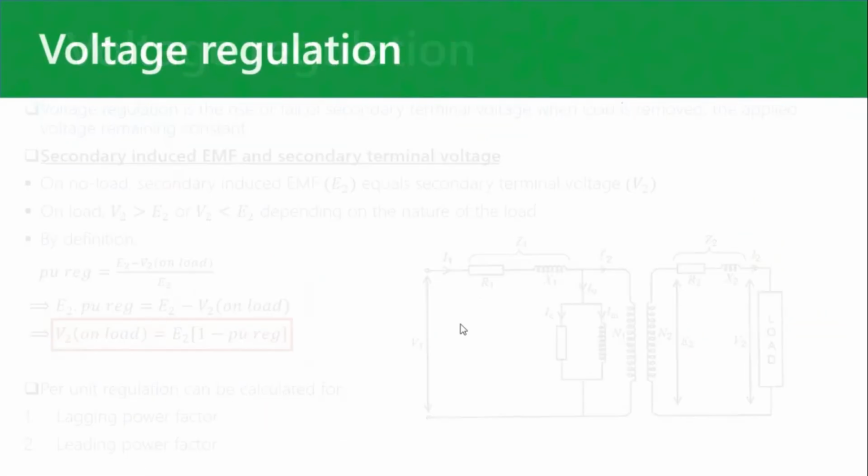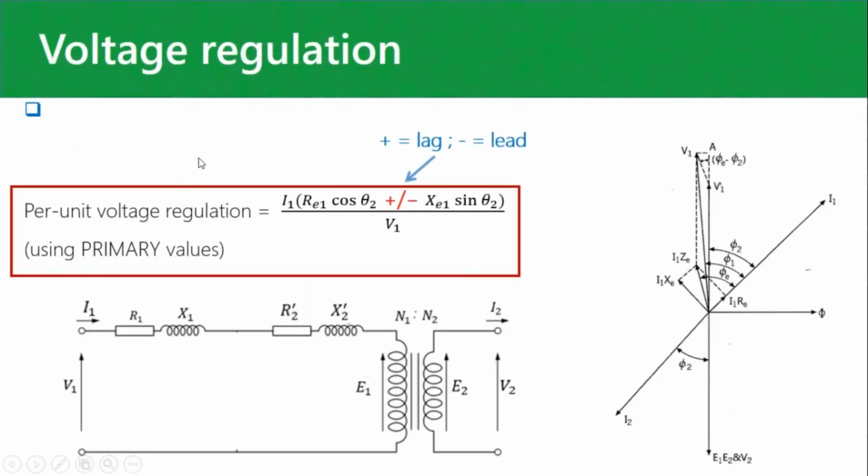All right, then here is our calculation for the per unit voltage regulation. Don't get nervous about that phasor diagram there. So for the per unit voltage regulation, if we're using primary values, everything referred to the primary, then it's RE1 here and XE1 here.